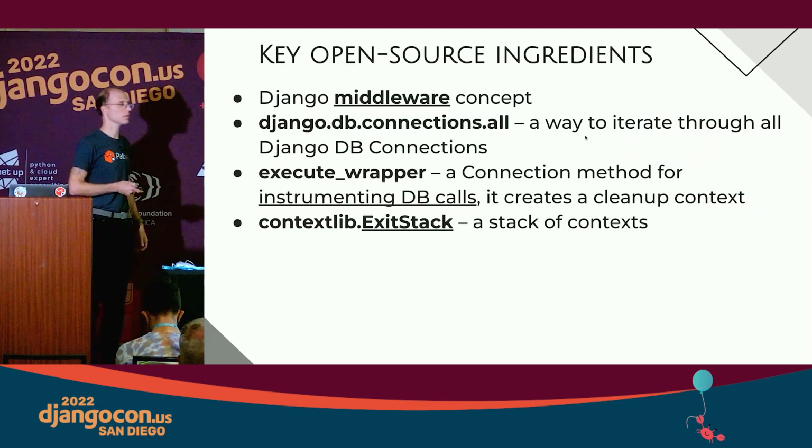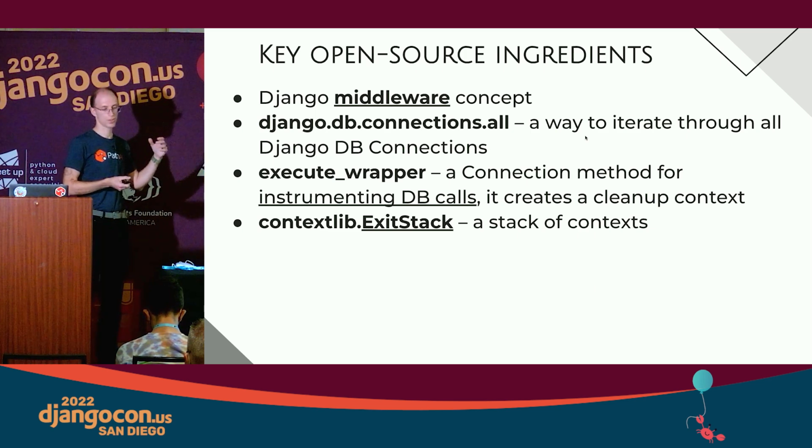So we ended up rolling our own solution, but it's not that much code because luckily a lot of ingredients are already there for us. So first of all, there's the middleware concept itself. For those of you who don't know, this is just a callable object you register, and you get a chance essentially of doing something before and after each request is executed. So great for instrumenting things. The other thing is Django database connections.